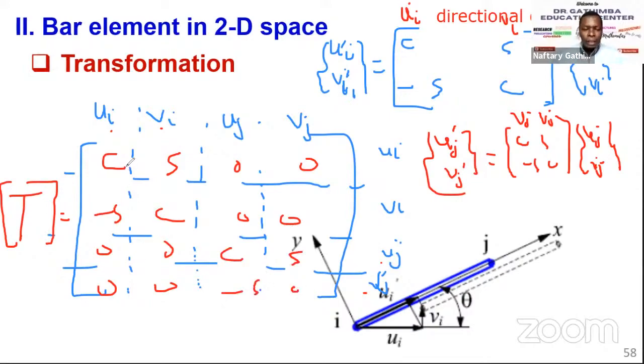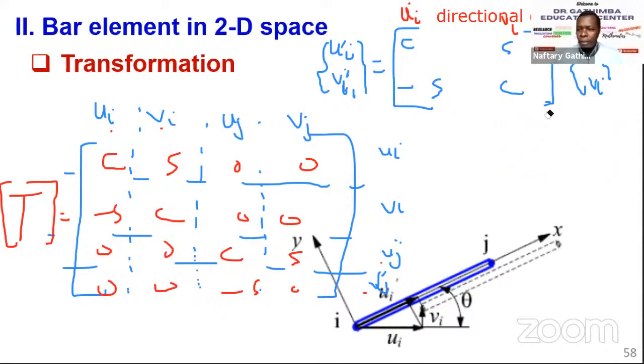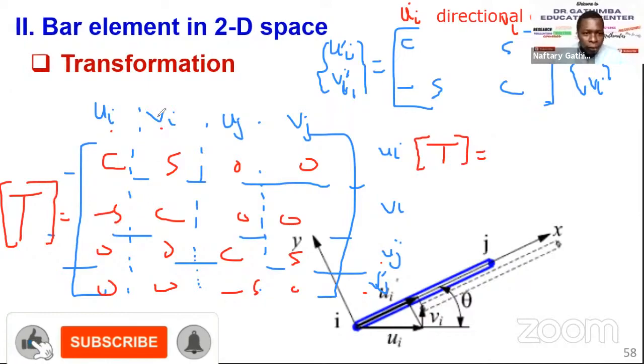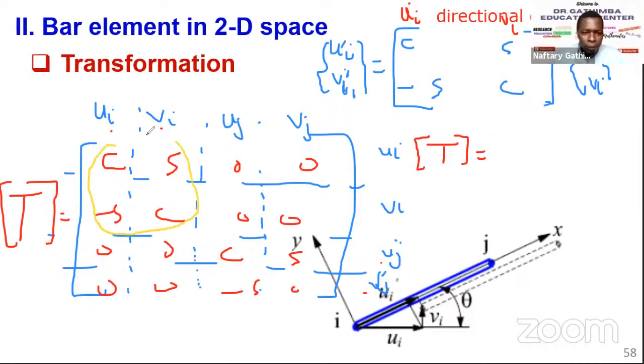So if you look carefully, the transformation matrix for the whole two-node element, this T here, we call it capital T. And remember, for a square matrix we use this notation. If you look at this, you can see similarity: there is this part, and it's the same part here, and then these ones are zeros.